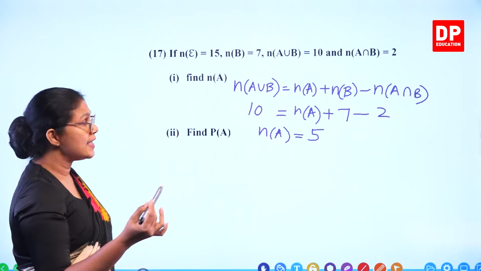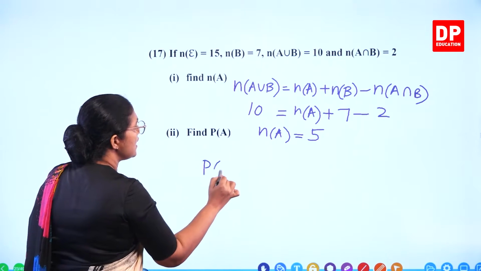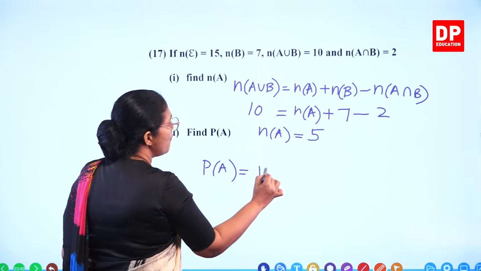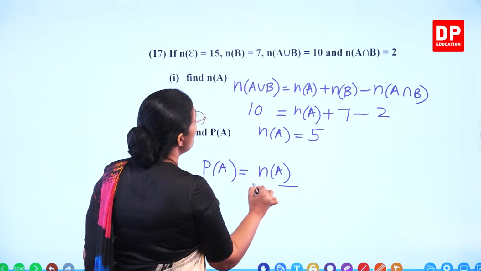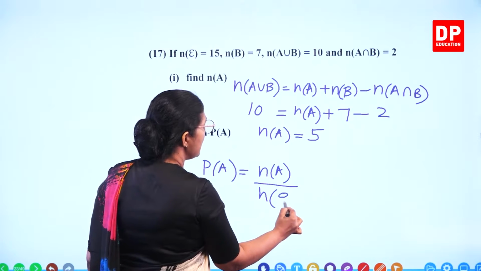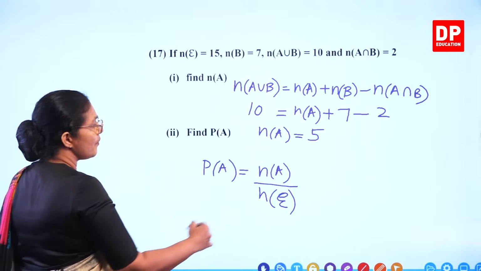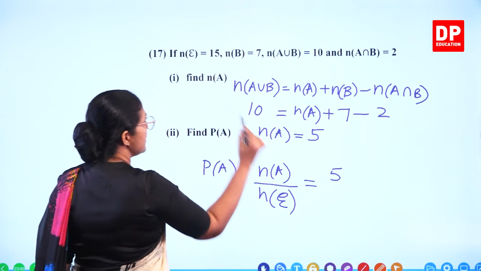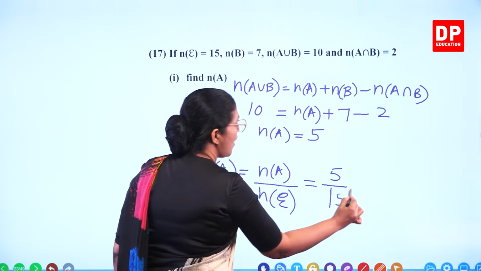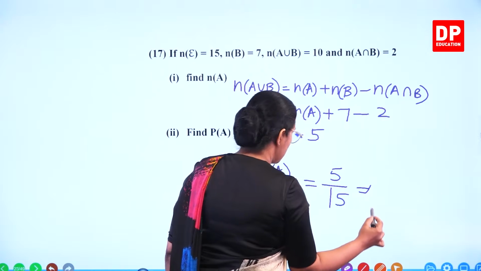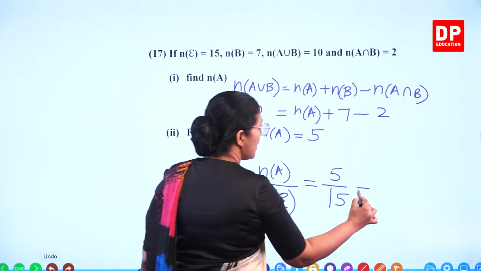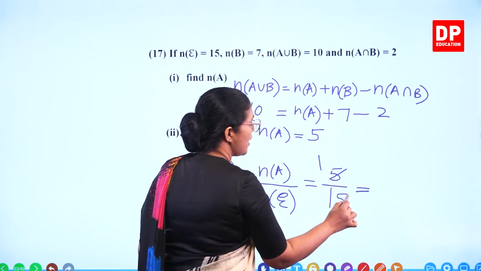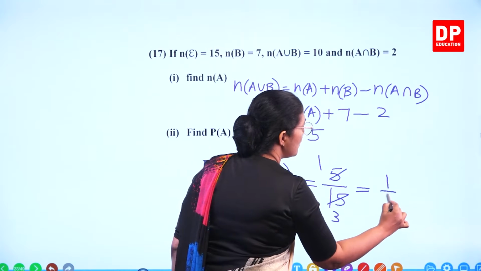Find probability of getting A. What is the probability of getting A? Number of elements in A divided by the total number. That means N epsilon. In A we found 5. N epsilon is 15. 5 over 15 is the probability of getting A. Simplify, you can write 1 over 3.